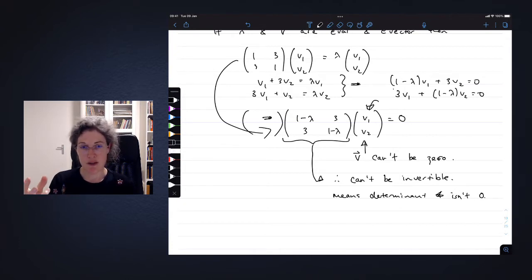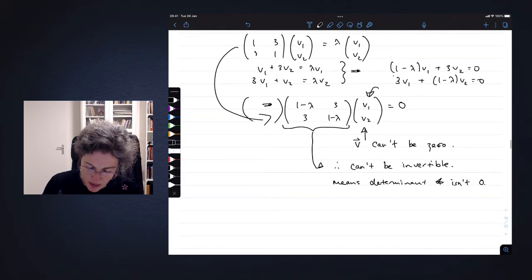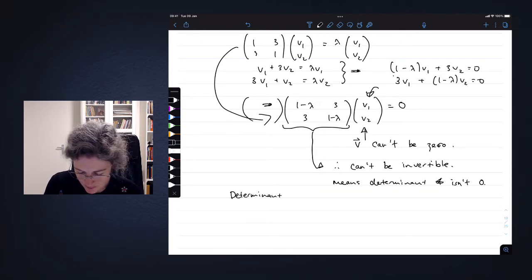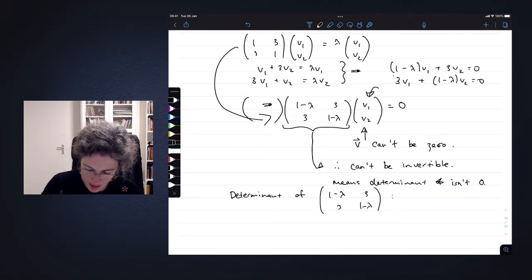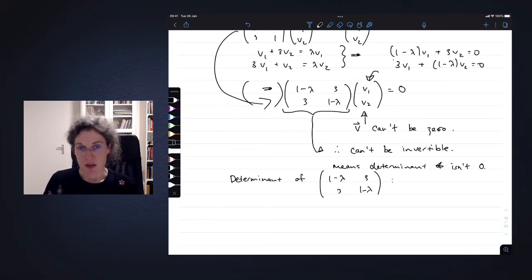Similarly, the determinant is 0, not invertible. Okay. What is the determinant? Again, please go and read up if this is hazy.